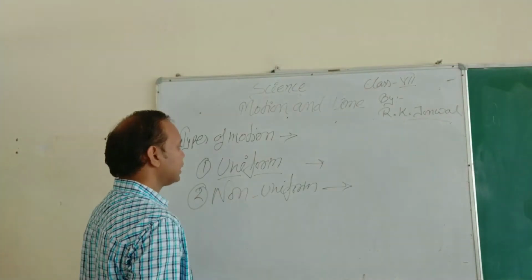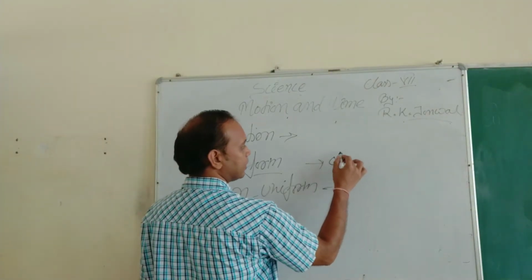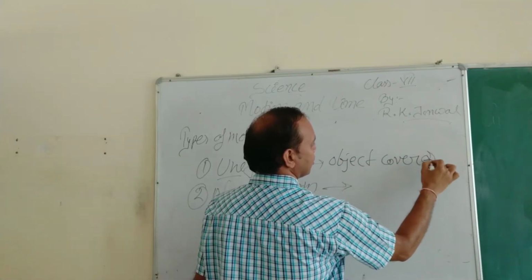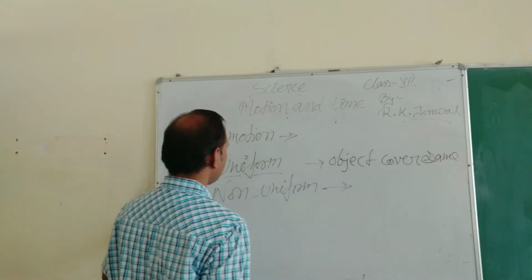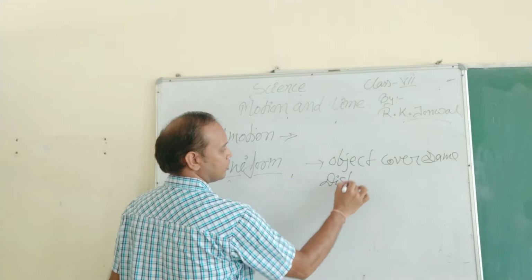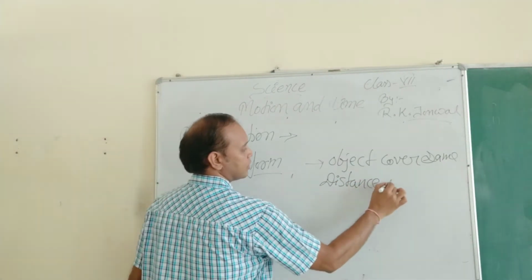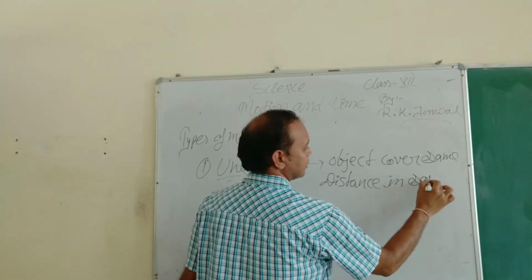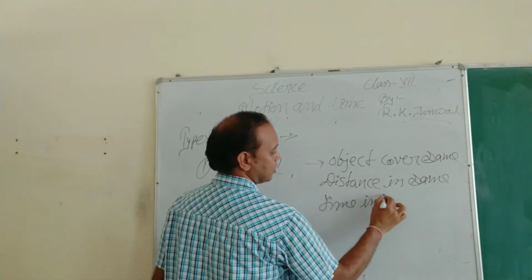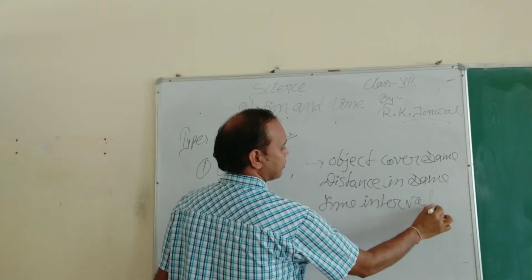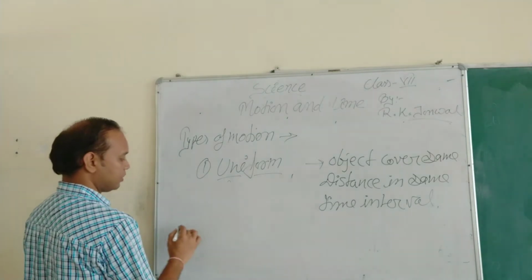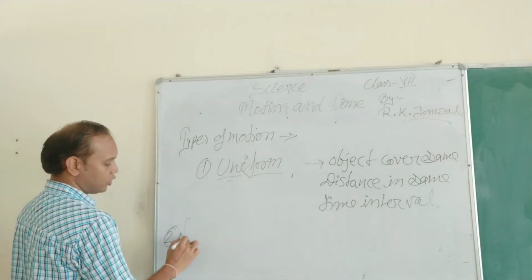So you can also write the definition. If the object covers the same distance in the same time interval, so that is uniform motion. Second one is non-uniform motion.